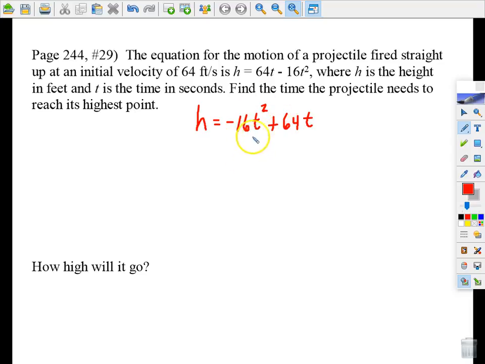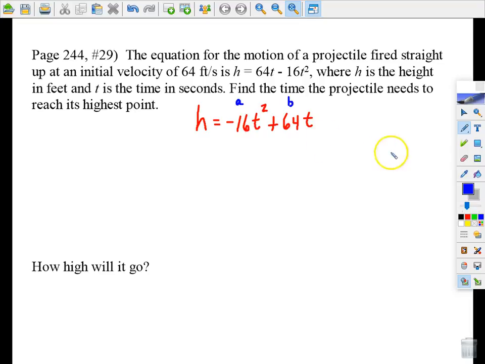In fact, it might help you to right off the bat just turn this around so that the a term is in its familiar spot in front of t squared. A is negative 16, and the b number is the coefficient of our linear term, which in this case is 64.